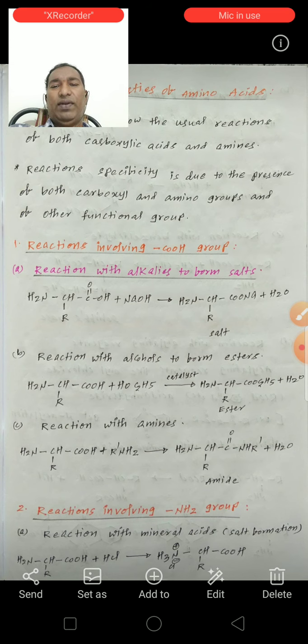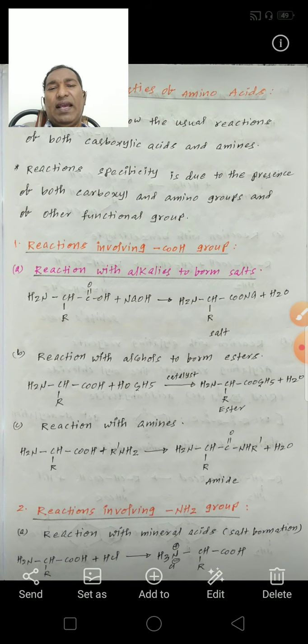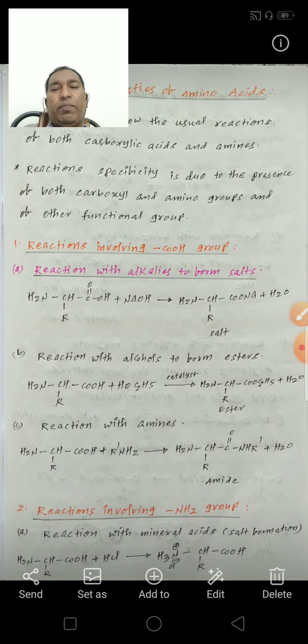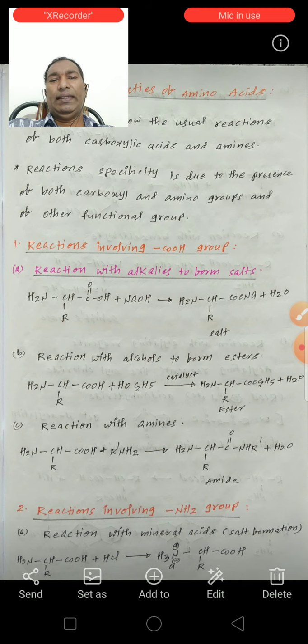Next, third one, reactions with amines. When carboxylic acids react with amines, they form amides.